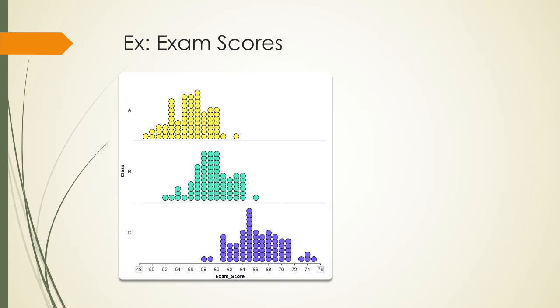For class A, values are clustered around 56. For class B, the typical value is around 59. And for class C, the typical value is around 66. Note that all 3 graphs are roughly symmetric around their center and have a similar amount of spread.